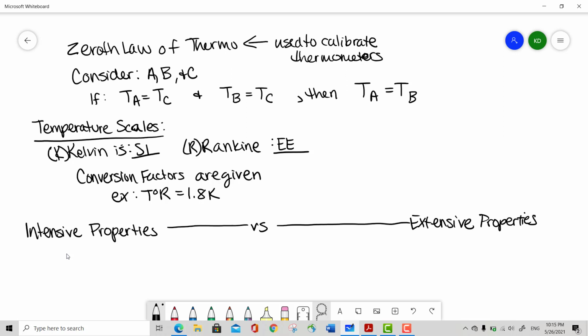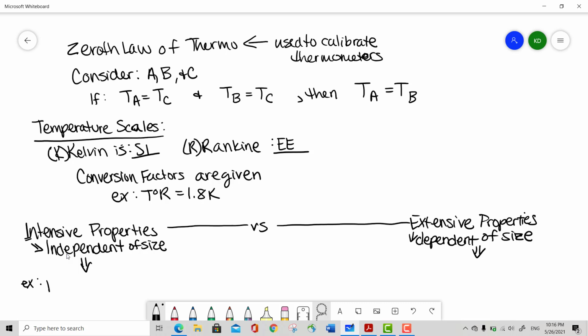So remember when I said, hey, remember intensive for independent? Independent of size of system. And then this is dependent. It's just the opposite. So if you can remember this one, then you know this one. Dependent on size.